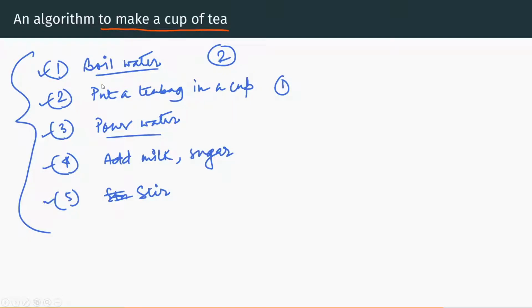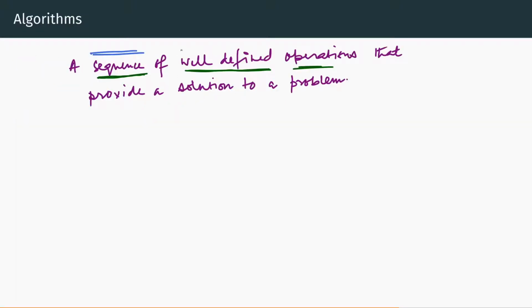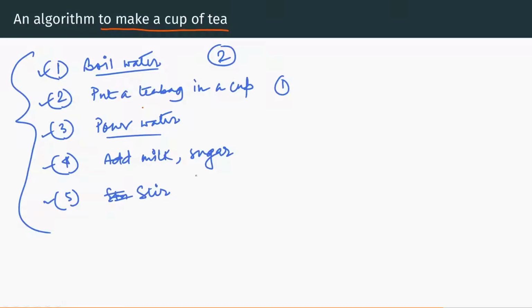Now the second part of this equation is well defined. Okay, well defined operations. So in this algorithm, what you have is boil water, put a tea bag in a cup, pour water, add milk, sugar, stir. When you give this sequence of operations to, let's say, your friend, you're teaching your friend to make a cup of tea.